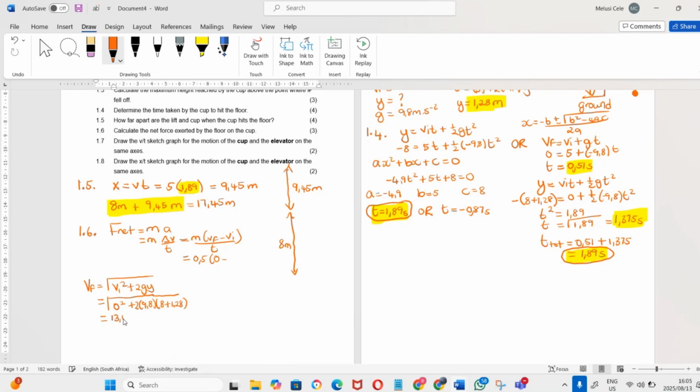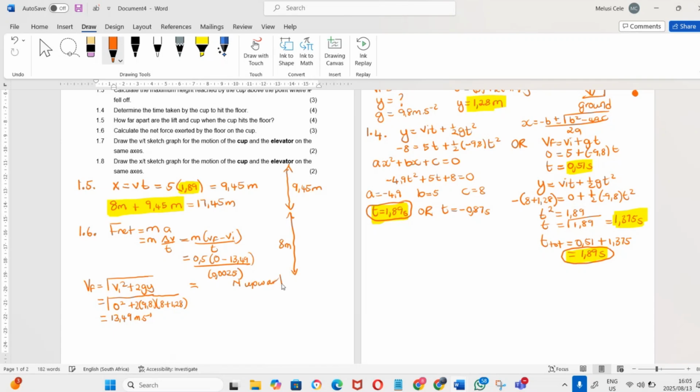So 13.49 is the velocity at which the cup hits the floor. So that is 0.5 into (0 minus 13.49), divide everything by 0.0025, right?